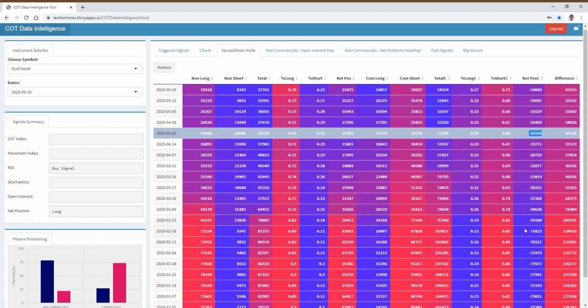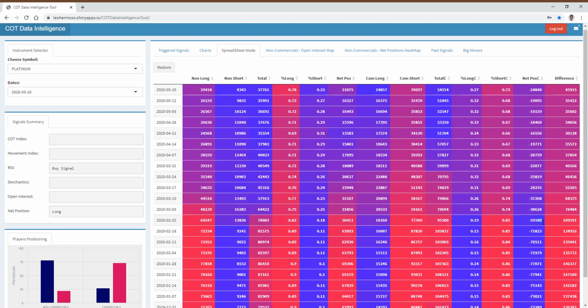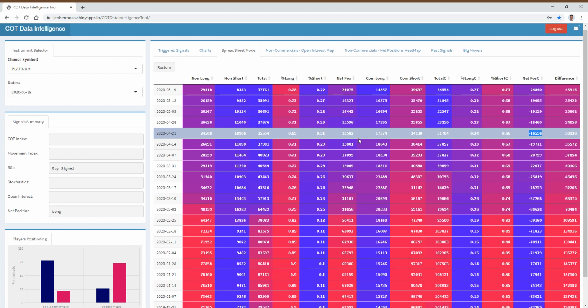At the same moment that non-commercials had huge long positions, they started to cut as the market was going down, and at the same time the commercials started to add into longs. So this is a big signal that the market is going up.